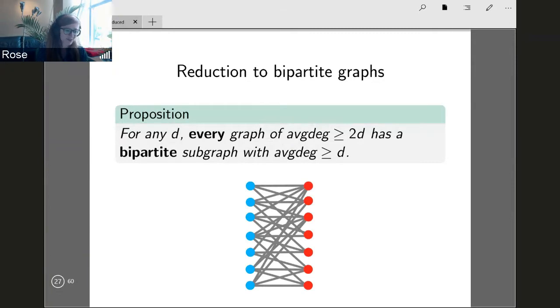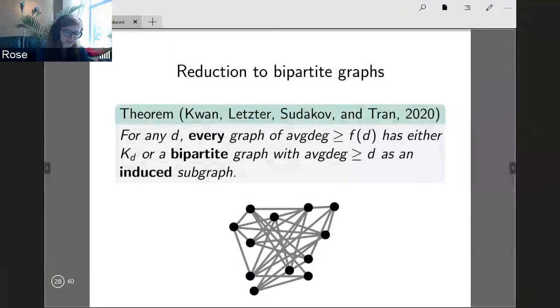So that's really nice. But what's incredible is that really recently, Scott, Seymour, and Spirkl... proved an induced version of this. What they proved is that for any d, every graph of sufficiently large average degree, as a function of d, has either K_d or a bipartite graph with average degree at least d as an induced subgraph. Typically you think about this as saying: exclude a clique, and then you can find your induced bipartite subgraph of large average degree.